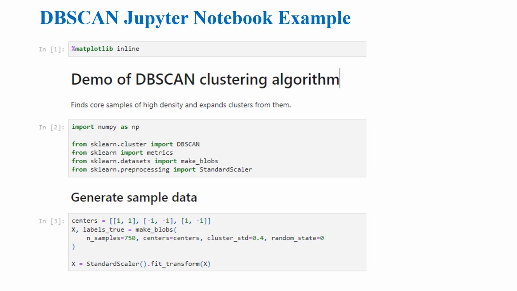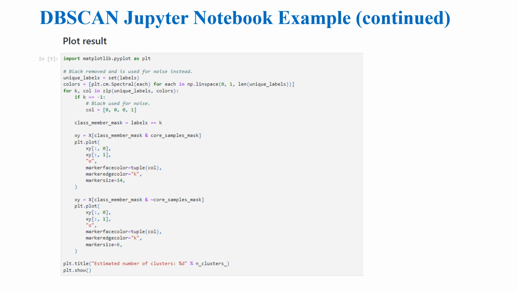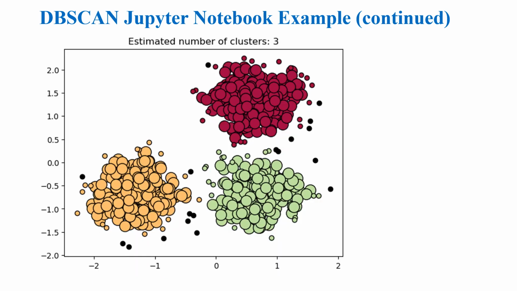So if you want to actually execute the code to see the DBSCAN run and create the clusters, you could do that. So again, this is the code. Here we're doing the plot. And here's the final result with DBSCAN. And we have 3 clusters in purple, light brown, and light green. And you can see the noise points that are left over as the black dots.